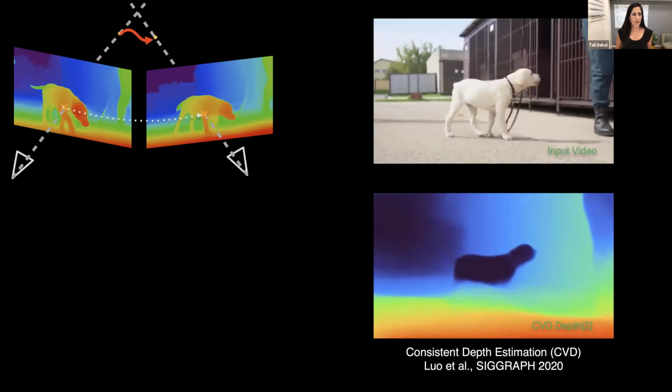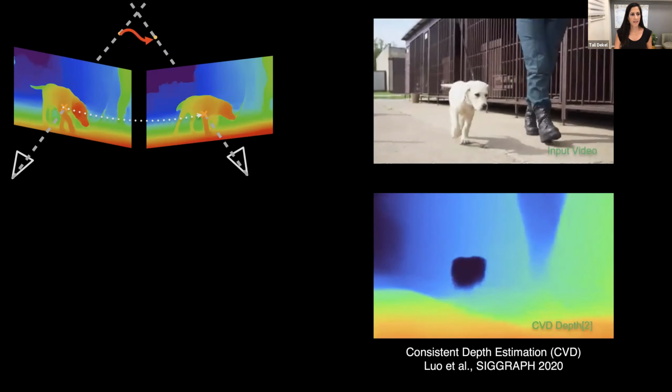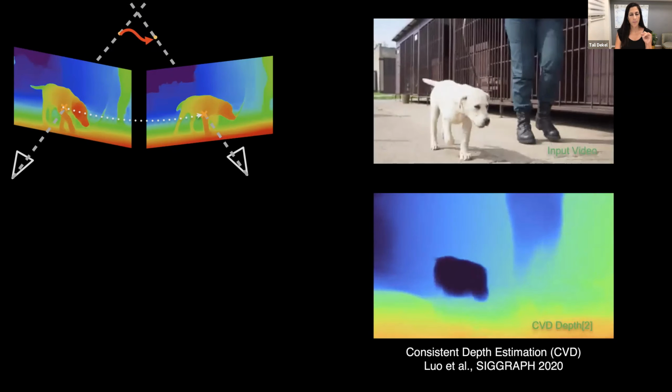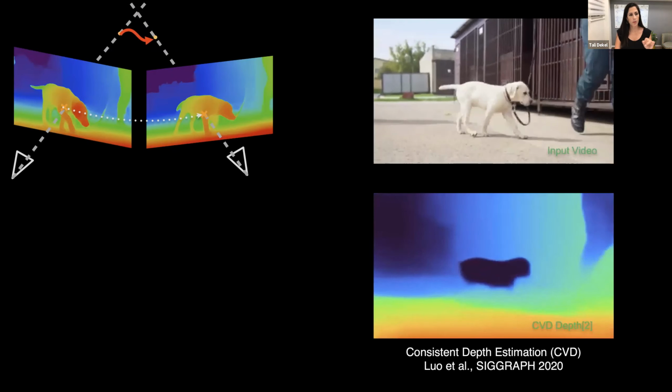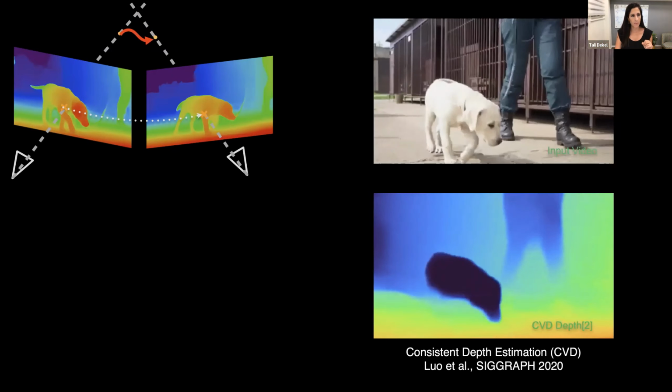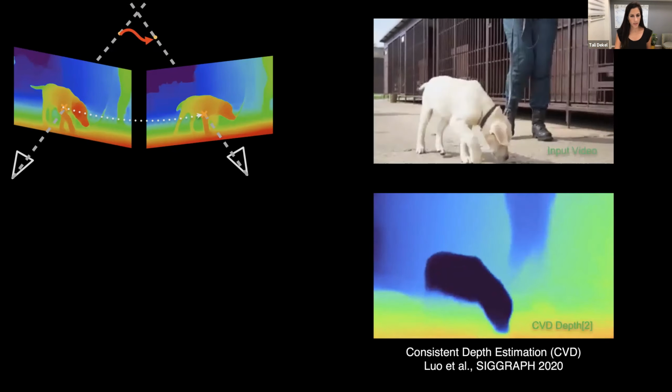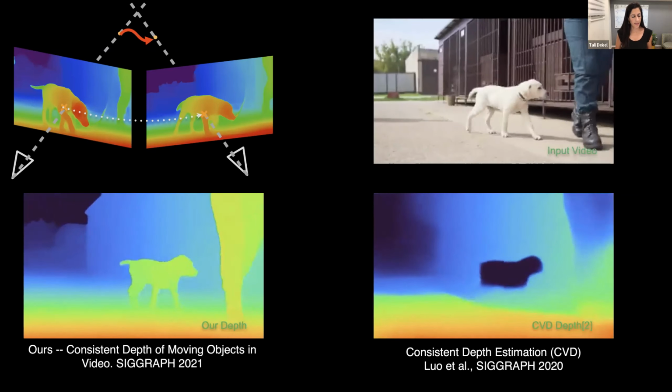So in our case, we were targeting specifically this task, and the key idea here is that we want to model the motion in 3D of dynamic objects and apply some motion priors to handle the ambiguity of depth and motion in this context.